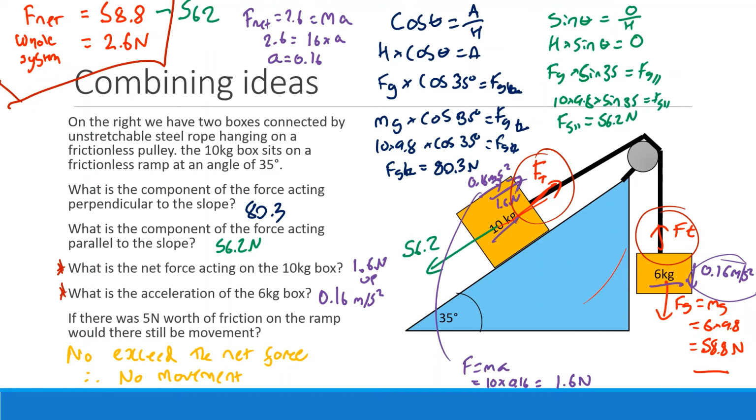So now let's look at this. Well, what is the tension force? Let's take a look at this part down here. I'm probably going to do some working out down the bottom here because I'm running out of space, ladies and gents.